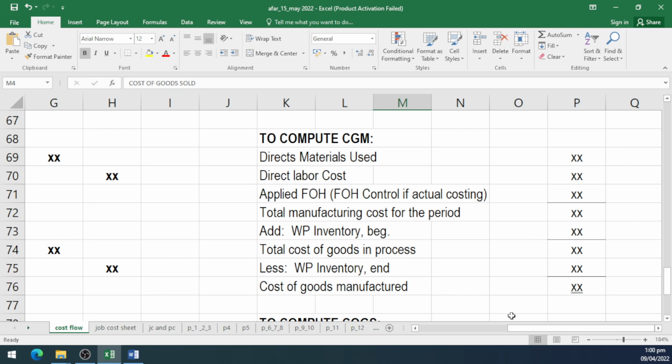Or total manufacturing cost plus decrease in work in process, CGM yun. Ulitin ko ha, total manufacturing cost plus decrease in work in process, CGM. Or total manufacturing cost minus increase in work in process. That's cost of goods manufactured.